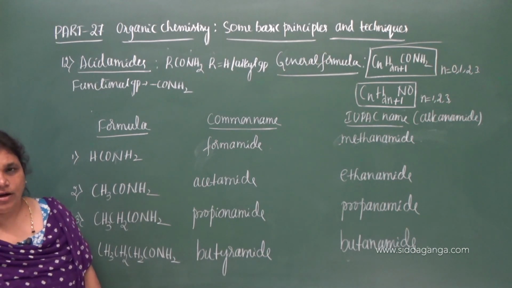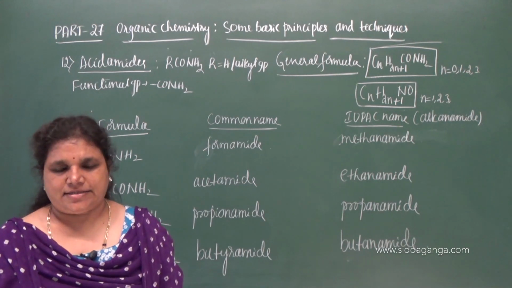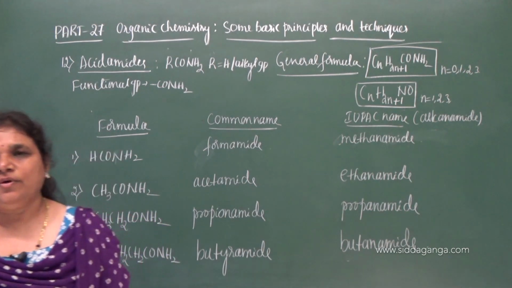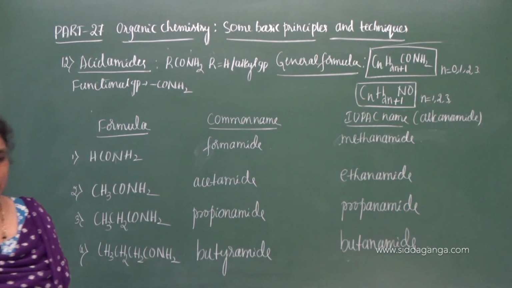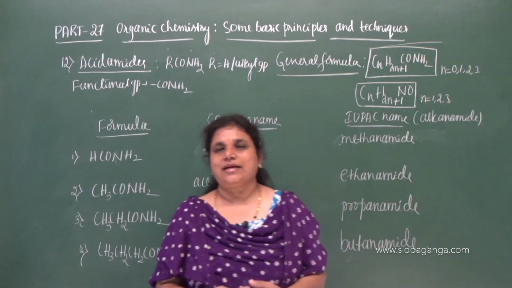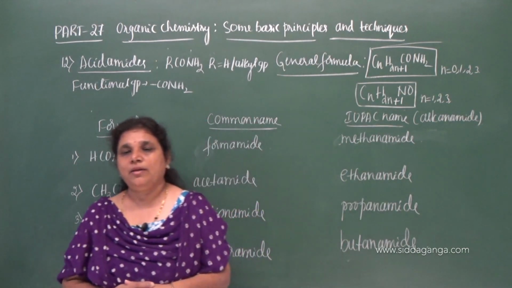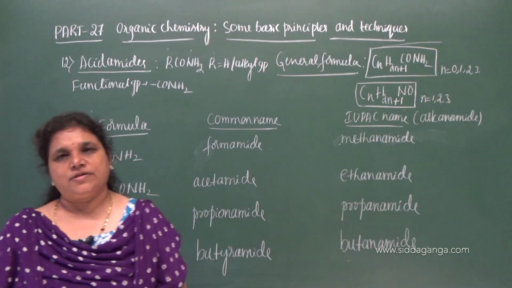Acid amides are also the derivatives of carboxylic acids. Now aldehydes, acid chlorides, esters or acid amides, all these classes of organic compounds require the common name and IUPAC name of carboxylic acid.